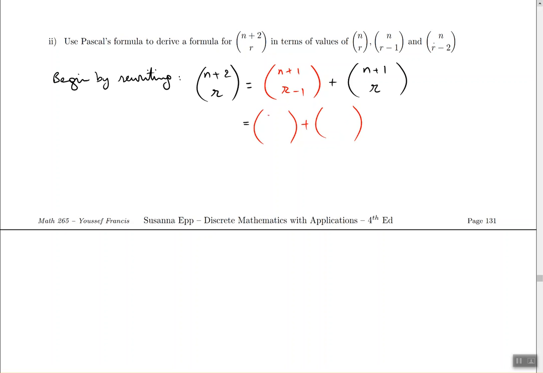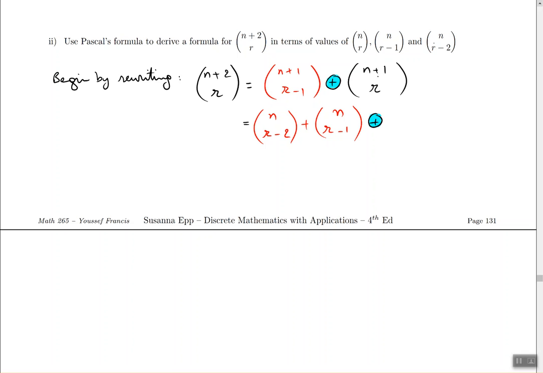The first one is going to be again 1 less than what I had on top, so it's going to be n and then n again. The bottoms are going to be once identical, so R minus 1, and the second time 1 less than that, so R minus 2. So far so good. And the plus sign in the middle is going to stay in the middle. That plus sign is not changing.